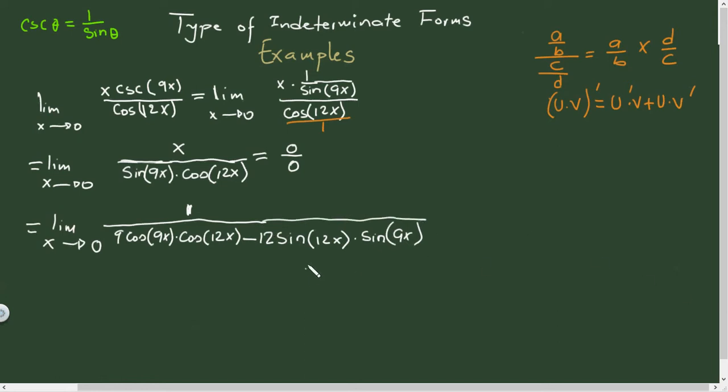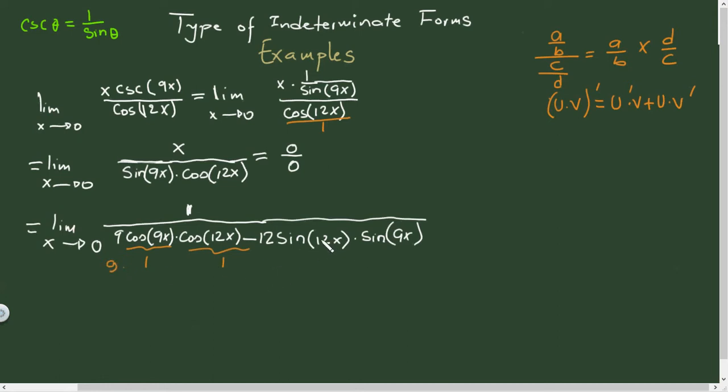So now we can try again to plug the zero in it. If I plug the zero in there, the cosine of 0 is 1, which gives me 1, and the cosine of 0 is 1 here too, which gives me 1. I still have 9 here.